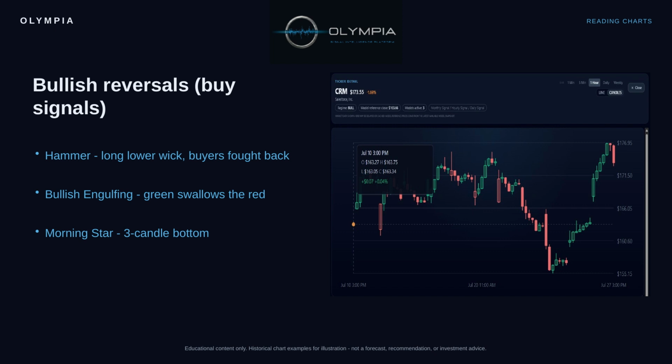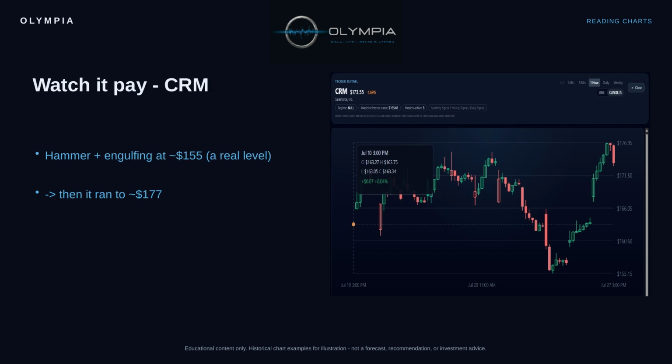Look at Salesforce here. Down at its low, you can see the hammer and then the engulfing right at the bottom. And I don't want you to just take my word that these patterns matter. Look at what actually happened. This is Salesforce, a real name off the Olympia board.